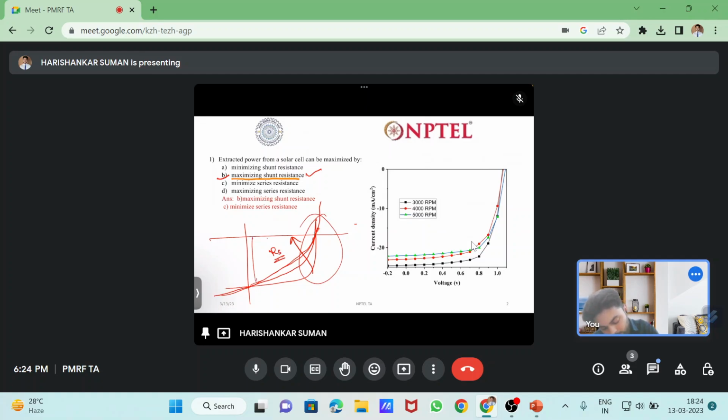Then obviously we can see the area of this curve will reduce if series resistance increases. So series resistance should be minimum and shunt resistance should be maximum.